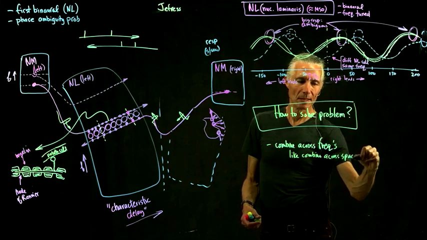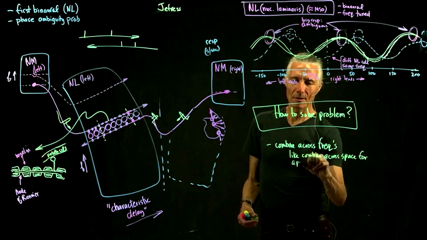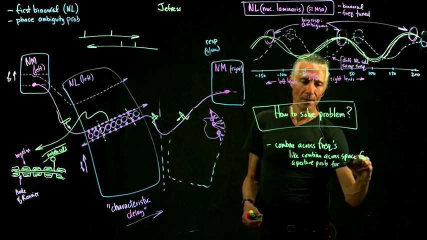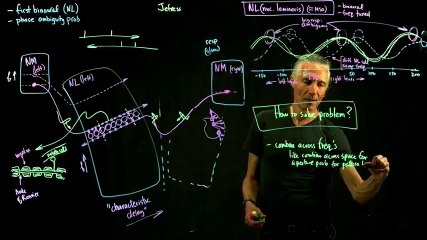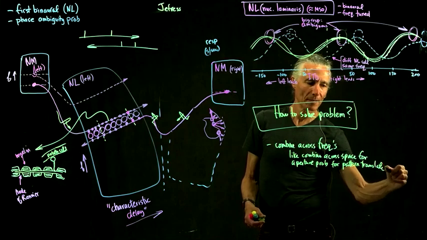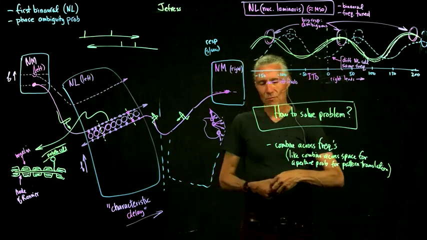Space for the aperture problem for pattern motion, pattern translation. So you have to combine across space. And so roughly how does it work?